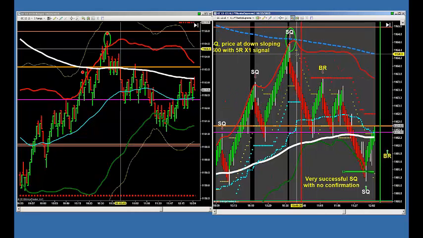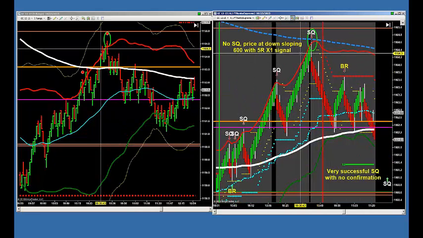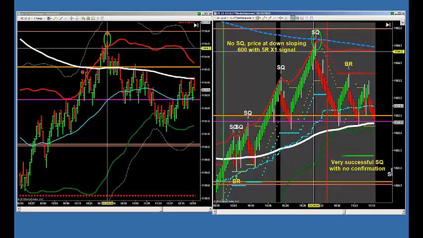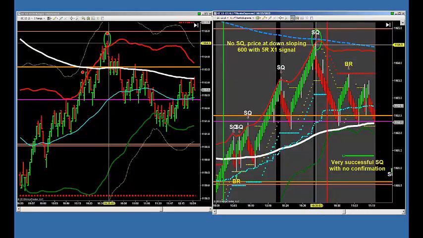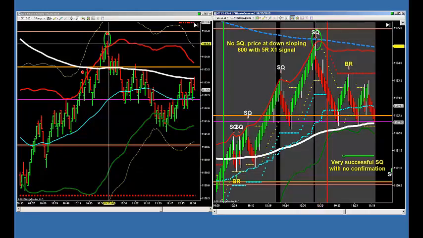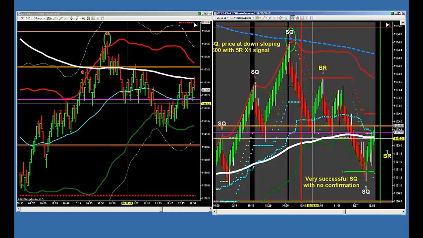We come up now, and yes, I know SQ. I believe what I did is I changed my Keltner channel so I would see more of these. So we do get an SQ. And there's our 600 EMA. We've got an X1 dot. It's looking very good. And we're far enough away from that 200.